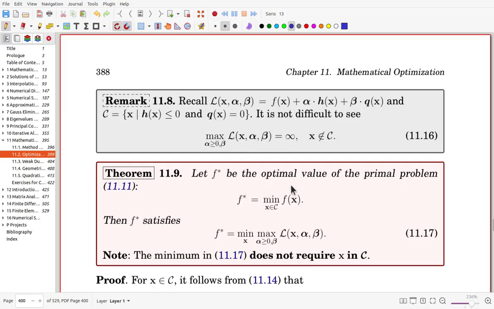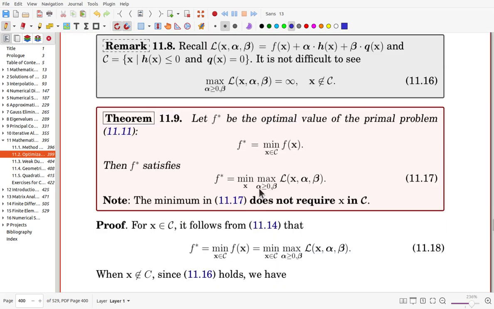Now, f star is the optimal value of the primal problem, which is the minimization of f of x over the feasible set. We use the notation f star. Then f star satisfies this.